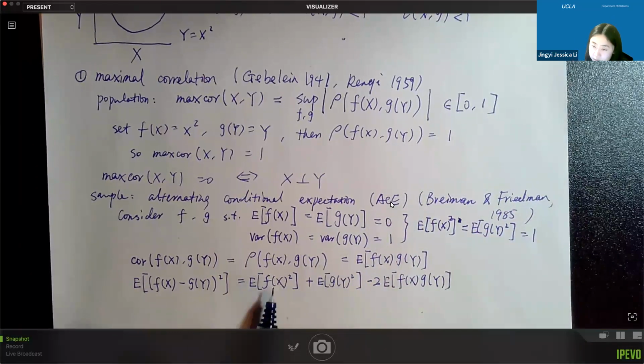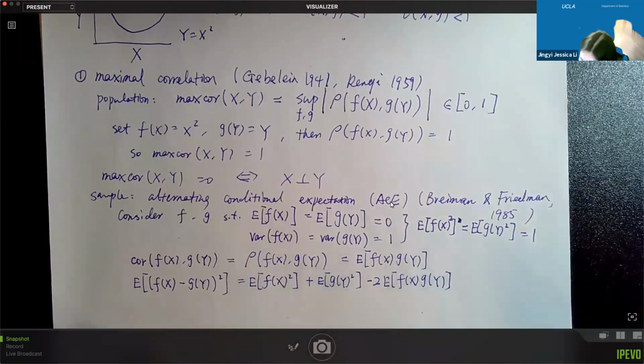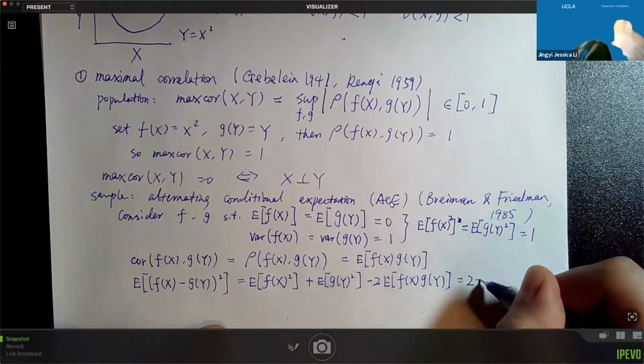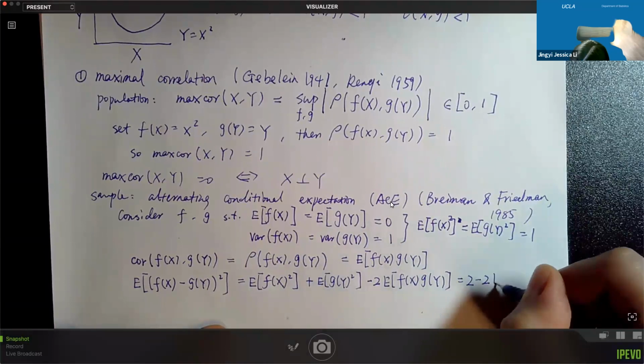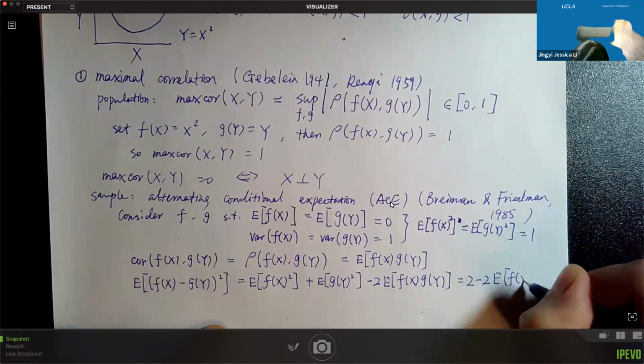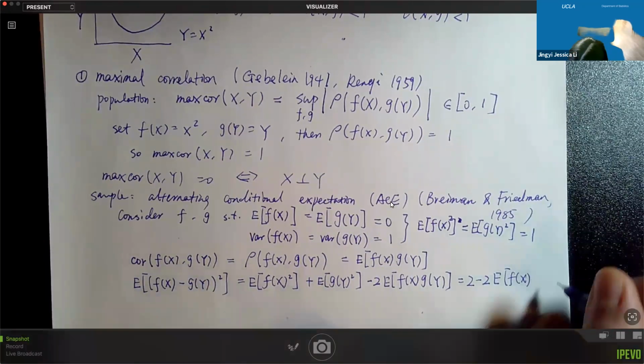Okay, and I know this is 1, this is 1. So I get 2 minus 2 times expectation of f(x)g(y).